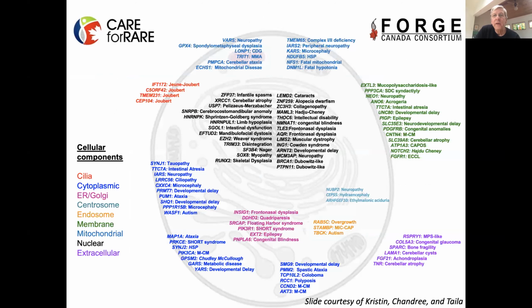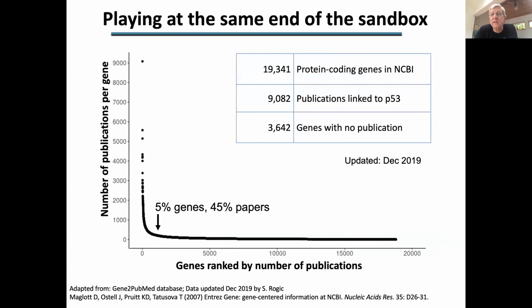And of course, when these genes are mapped to the cell, they map into many different functions. In fact, many of the complex phenotypes in humans are explained by genes that are involved in intracellular processes. So the challenge is really understanding the functions of these genes and how the variants contribute to disease.